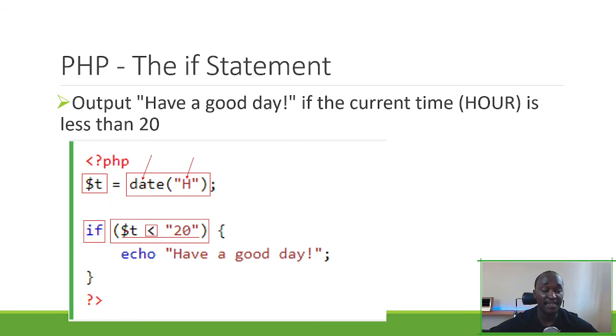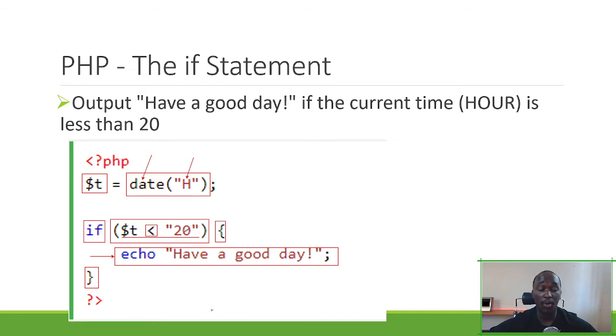We're just saying if t is less than 20, then echo have a good day. When writing the if statement, if it only has a single line of code, you can leave out the curly brackets.